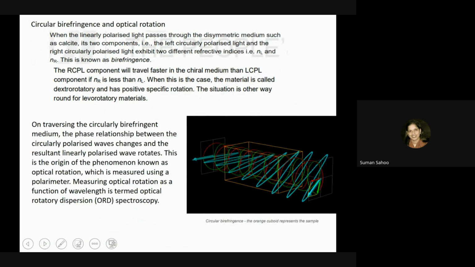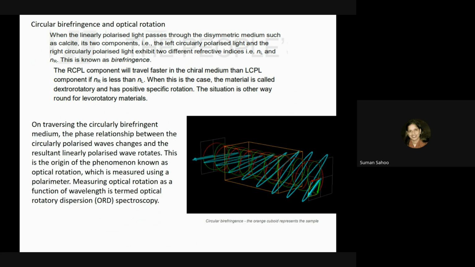So circular birefringence is this: suppose we take linearly polarized light and pass it through a dissymmetric medium such as calcite. Calcite is nothing but calcium carbonate. It has two components, left circularly polarized light and right circularly polarized light.